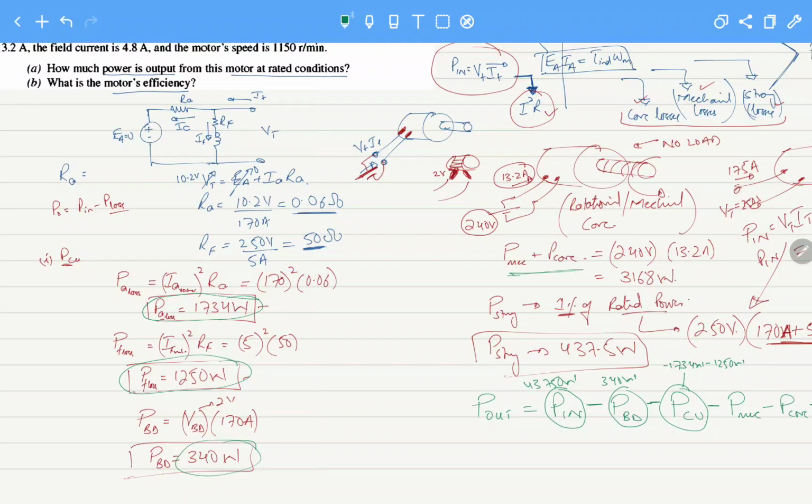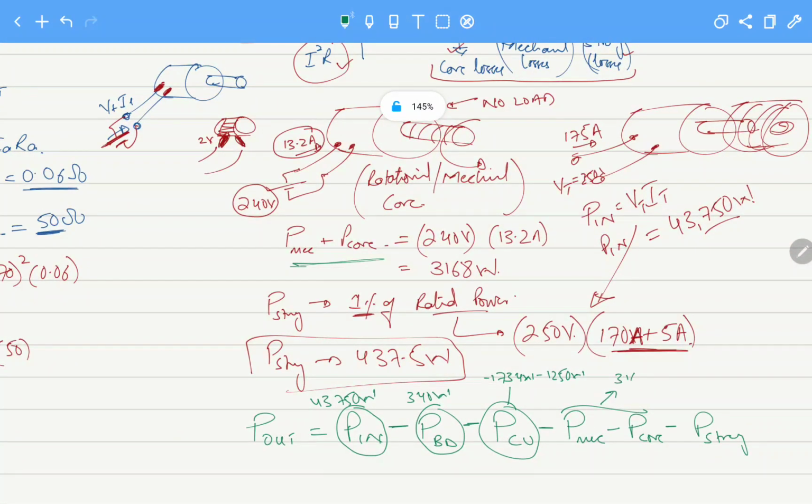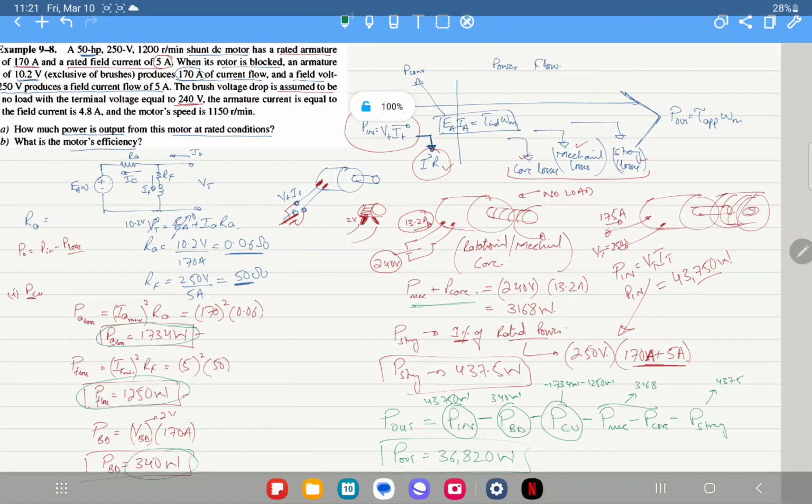We can add them. What were the mechanical and core losses? Both of these two losses we calculated from the no load test, they were 3168 watts. What were the stray losses? 437.5. So if we apply all these, the P output will be 36,820 watts. This is the output power of the motor.